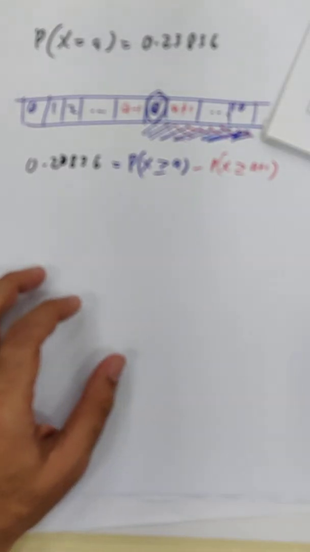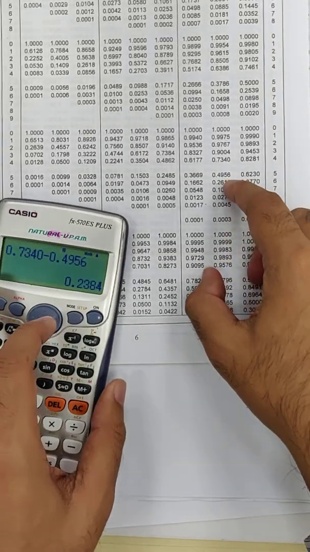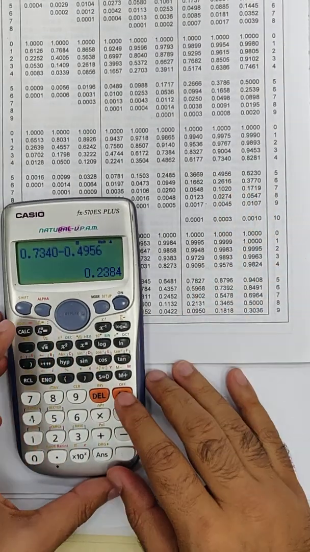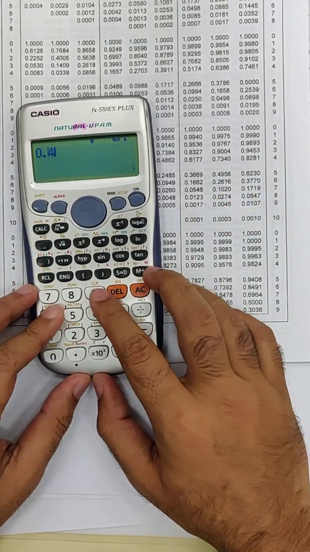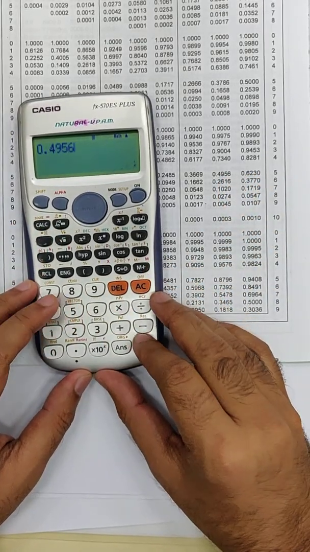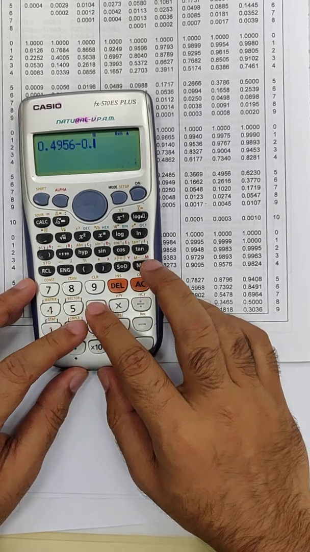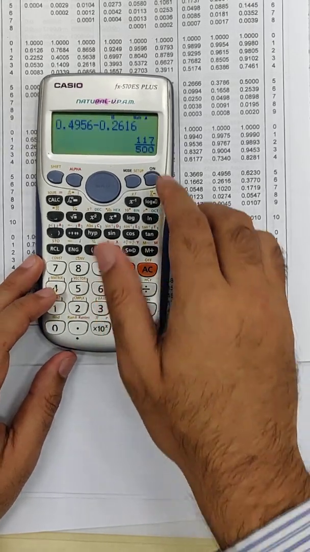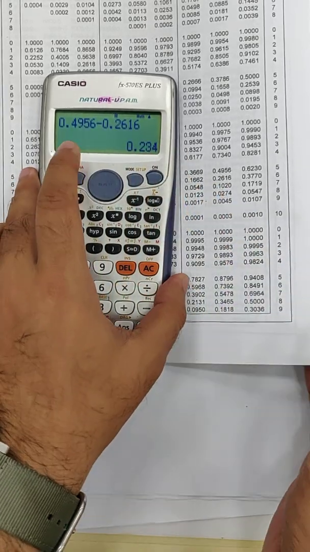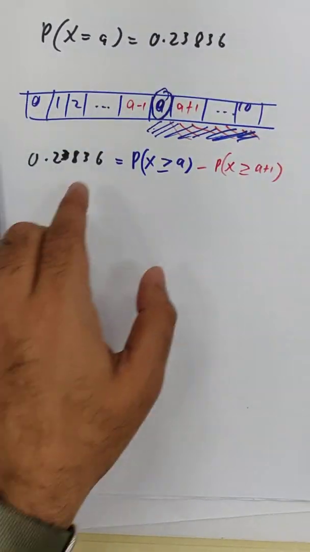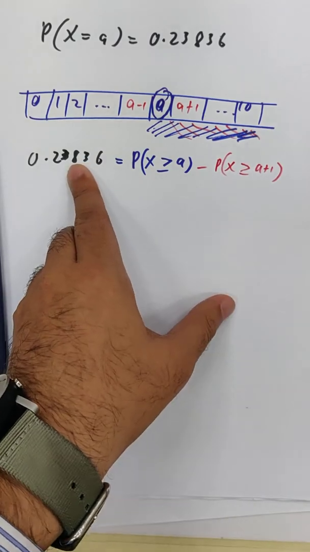Okay, wait. Let's try another one. There's one more down here. 0.4956, just to be sure, minus 0.2616. 0.2340. Just now, what did we get? 0.2384. 0.2384 is better.